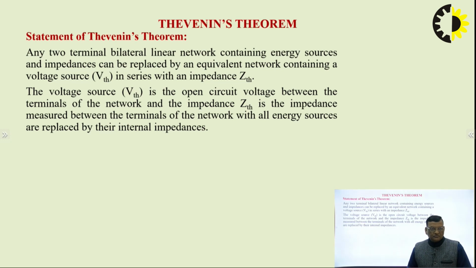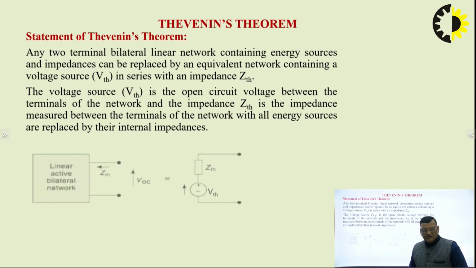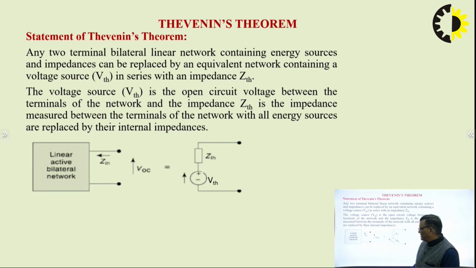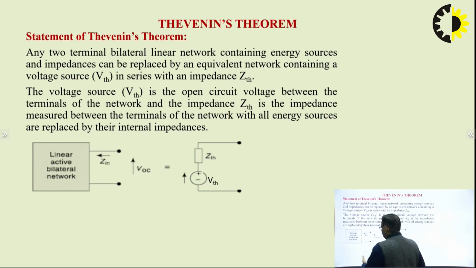We can explain the statement of Thevenin's theorem with this simple circuit. Here we can see a linear active bilateral network containing a large number of energy sources and impedances, and this circuit can be replaced by a very simple circuit, VTH in series with ZTH, and this VTH is the open circuit voltage across this terminal.